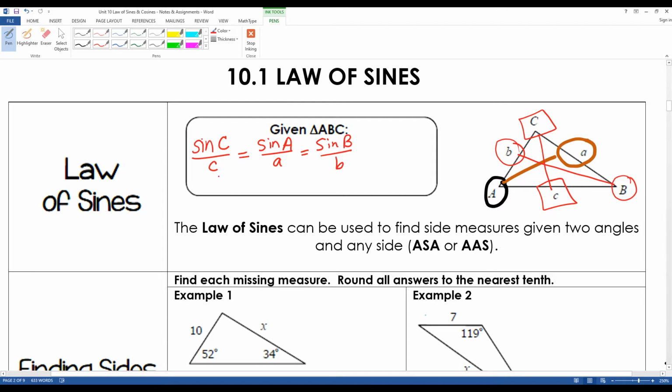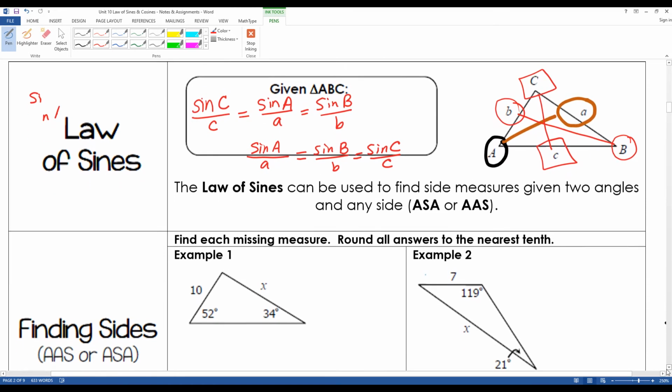You could have written sine of angle A over a equals the sine of angle B over b equals the sine of angle C over c. It doesn't matter, but you'll need 2 of those in order to solve, because if you have 2 of them, then you can make a proportion, cross multiply and solve.